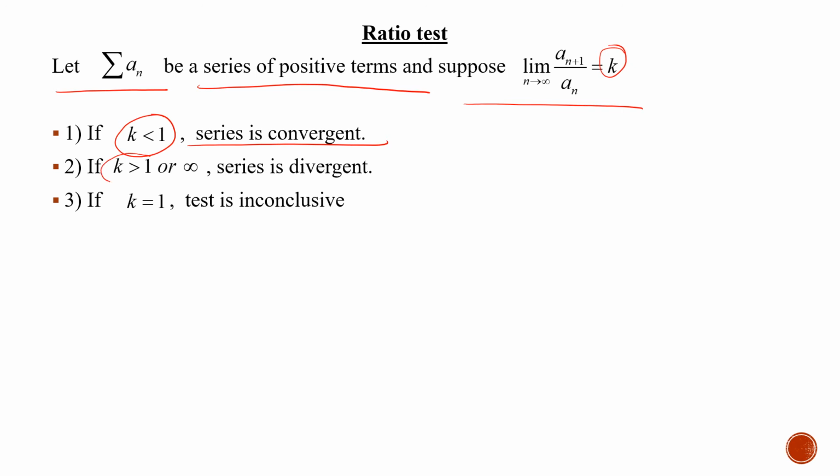If the value of k is greater than 1 or is infinity, then the series is divergent, and if k is equal to 1, then the test is inconclusive. That means that you need some other test.